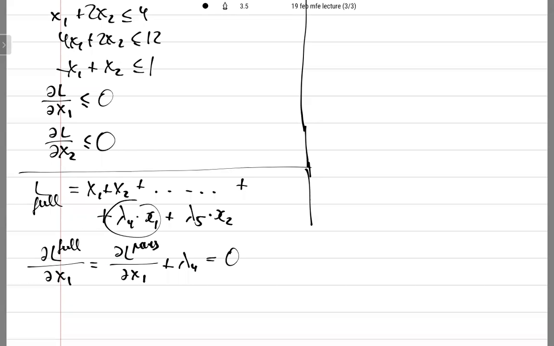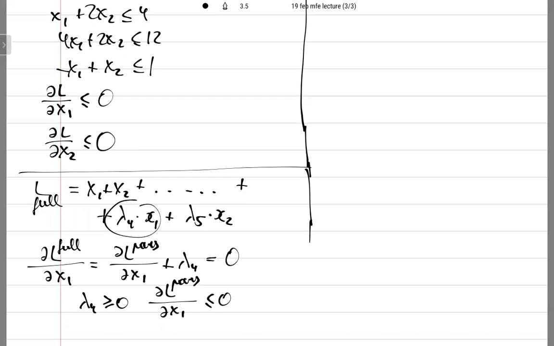But you know that in the first order conditions, lambda 4 is non-negative. So dL parsimonious with respect to dx1 is non-positive.